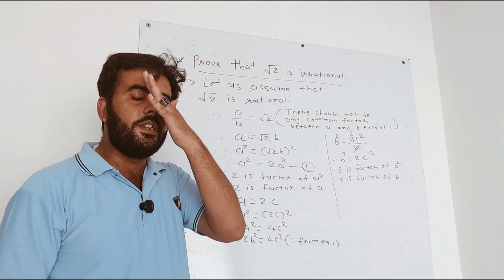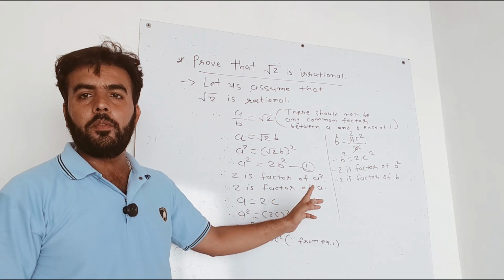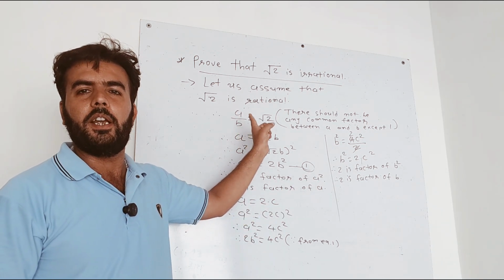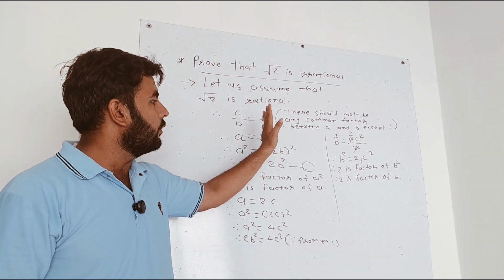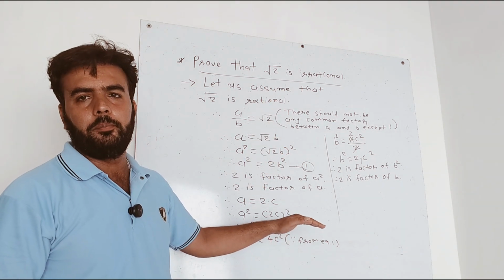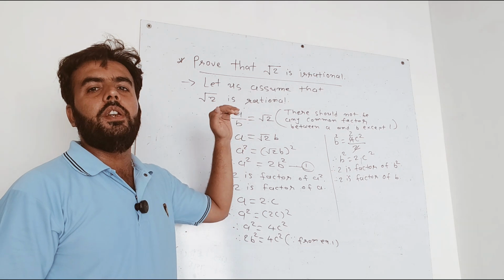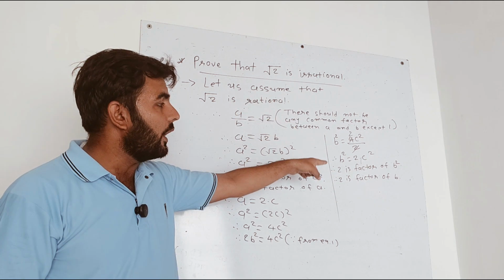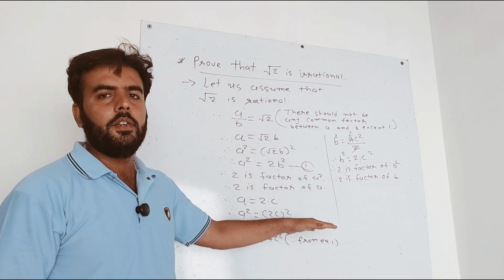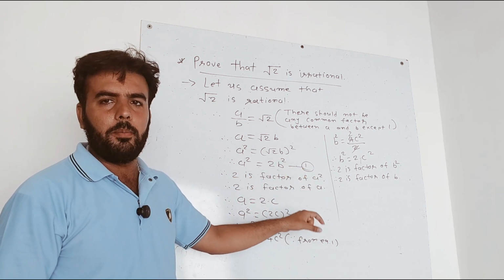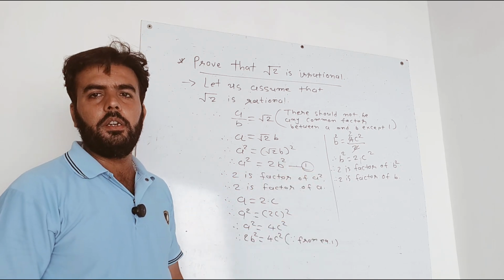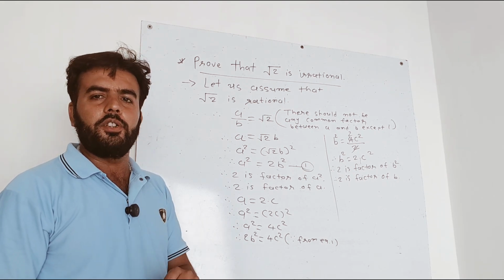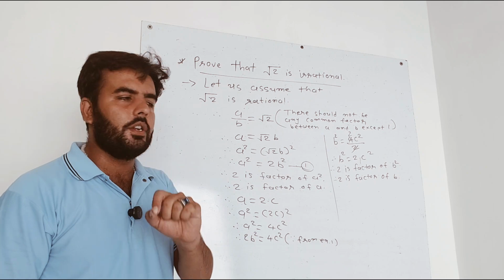So that means that 2 is a common factor between a and b, and that is a complete violation of the condition we cited before, that there should not be any common factor. Okay, so our assumption is wrong here. That means that 2 is a common factor between a and b, and therefore our assumption is incorrect that root 2 is a rational number. So the final conclusion is that root 2 is an irrational number.